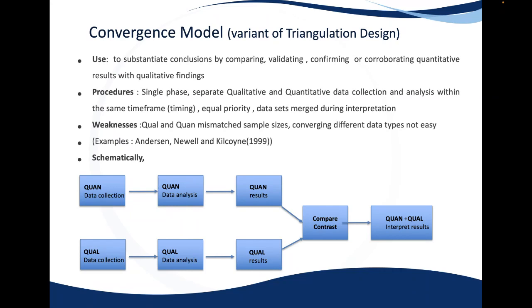At the level that you're at, for the most part, people will just say they have a triangulation design. They will not talk about it being the convergence model, because that's a little bit too specific. But I'm sharing this with you because when you read mixed methods research, you need to be prepared to understand and be able to decipher some of the languages that are used.